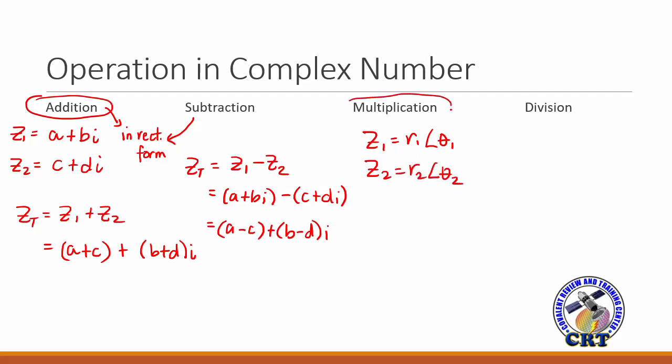Because in multiplication and division, this requires that the complex number must be in polar form. So before performing this operation, you have to convert the complex number in polar form.